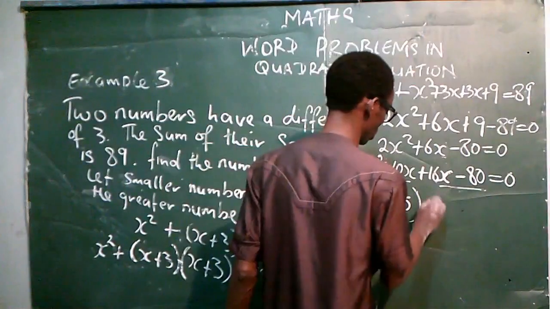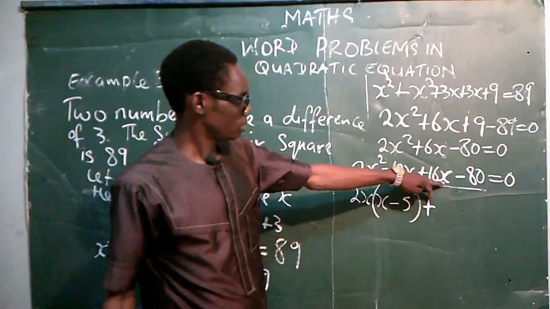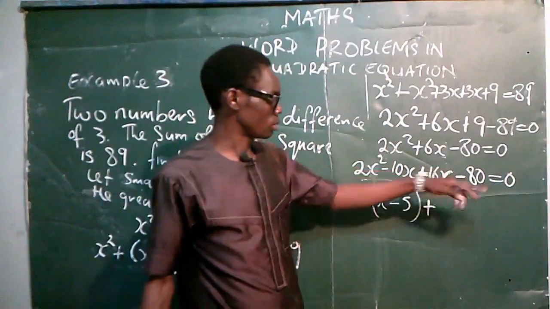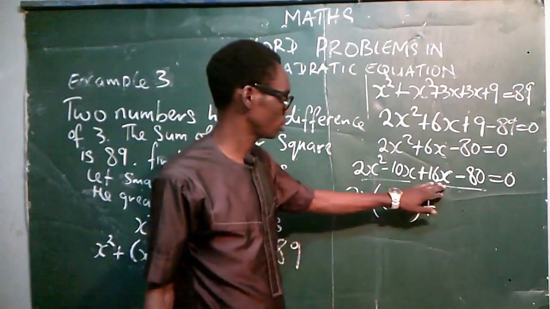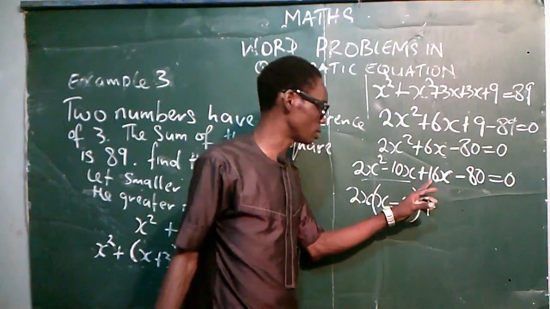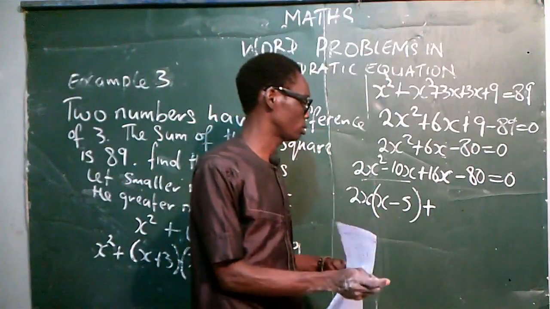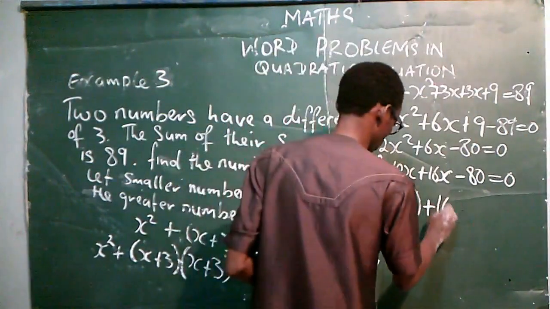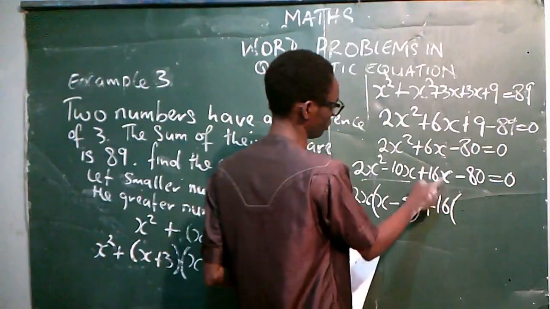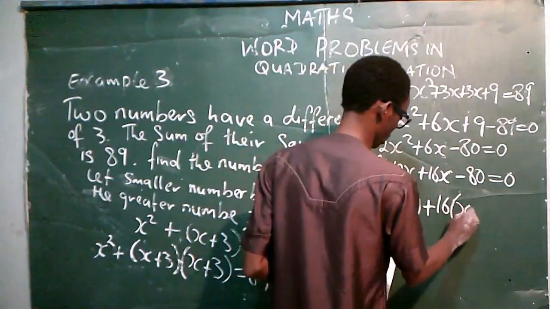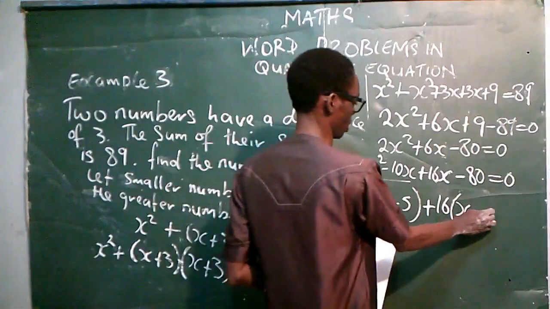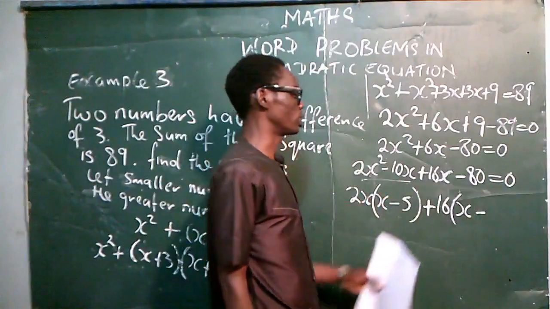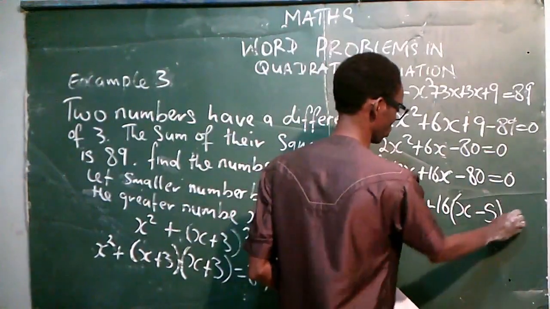Then plus 16x minus 80: 16 is common, so I write 16 bracket: 16 into 16x, what remains is x, minus 16 into 80, what remains is 5, equal to 0.